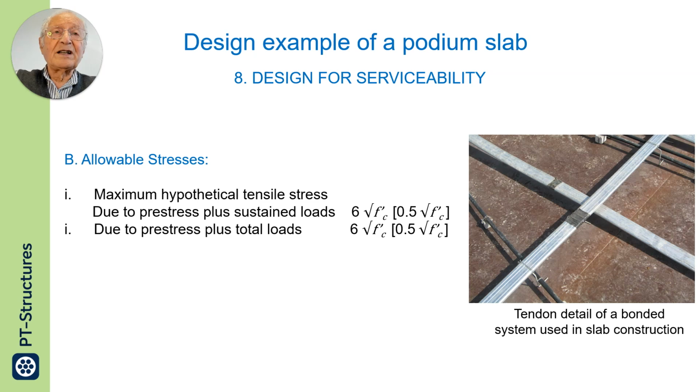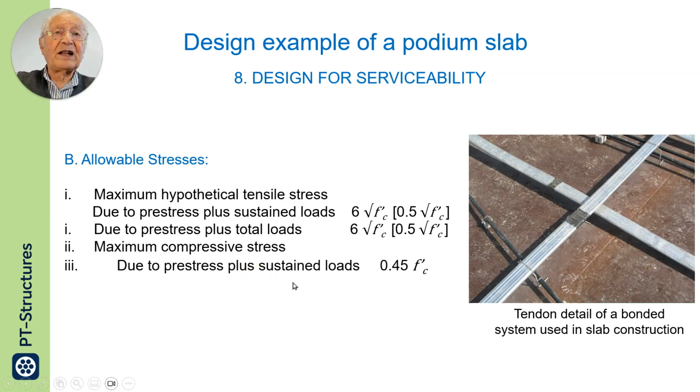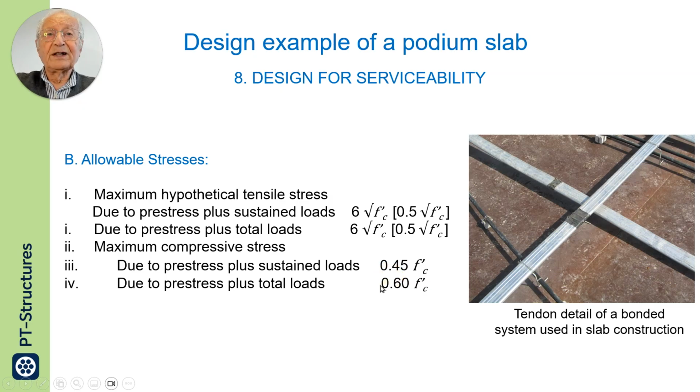Total load is the load for which we design. Occasionally, it is possible for the slab to be loaded larger, and that is the total load. So there are allowable stresses. It is the same for tension. For compression, however, the value is different. For sustained load, which is the common, this is the number, and for total, this is the number.